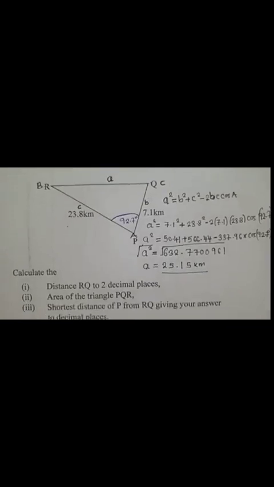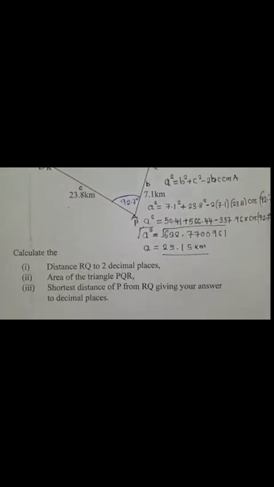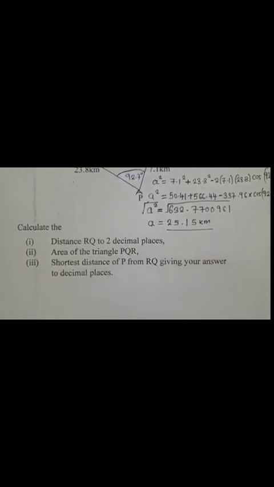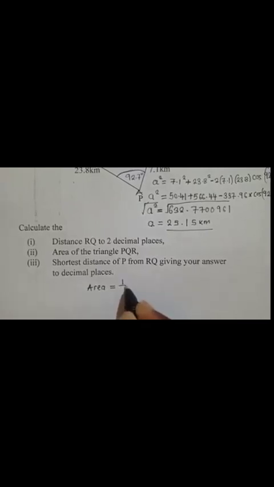So the next question here, they want us to find the area. So for area, people, you need to know that area, regardless of the rule you are using, is 1 over 2 bc sine A. I know most people ask me questions like, okay, but this is cosine rule.